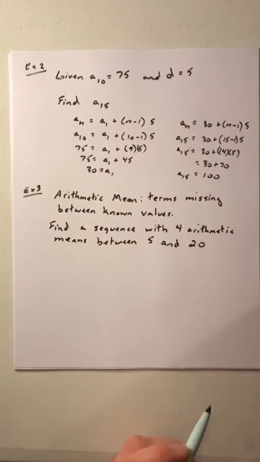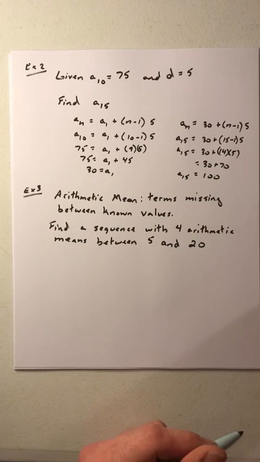So our 15th term is 100. We can do this for various types of problems, such as given the nth term being something, the first term being something, and the common difference being something. Plug in what you know, figure out what you need, get back to the original function, and then be able to come up with your answer.